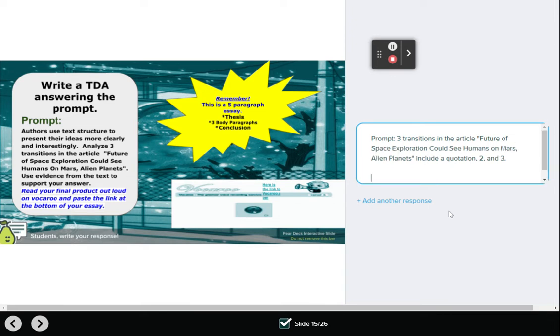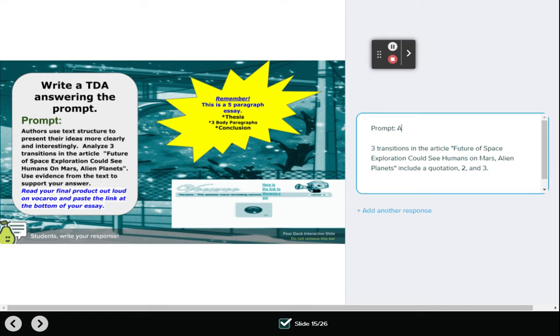So that's our prompt turned into a thesis, right? The prompt is saying analyze three transitions in the article. And then our thesis is saying what those three transitions will be. Thesis. Right, and then we've got our topic sentence.